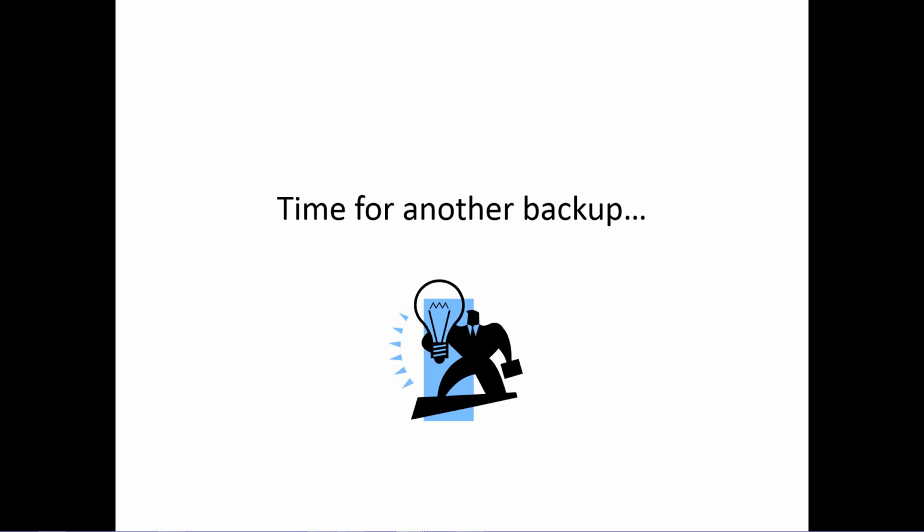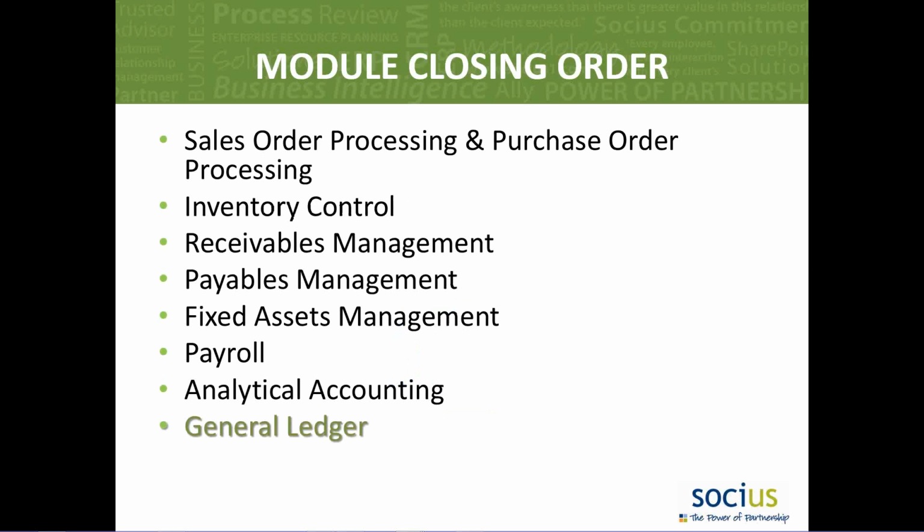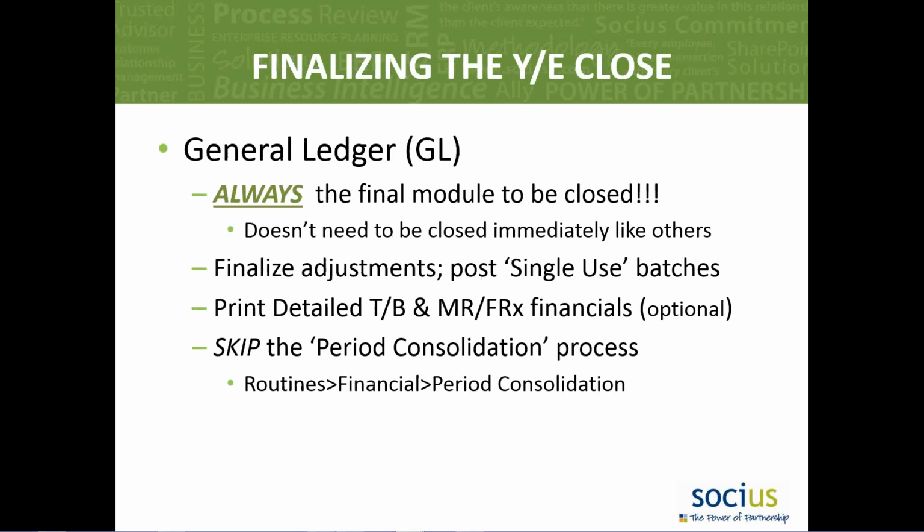All right, so as we keep winding along, the next option is the general ledger, and backup is really important before you run your general ledger year-end close. With the general ledger, it's always the last module to be closed. And unlike many of the other modules that we've talked about, it really doesn't need to be closed immediately.